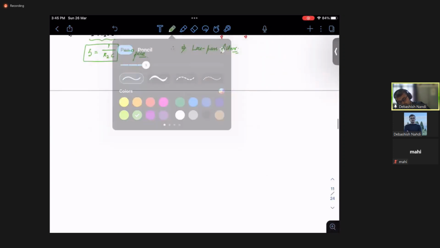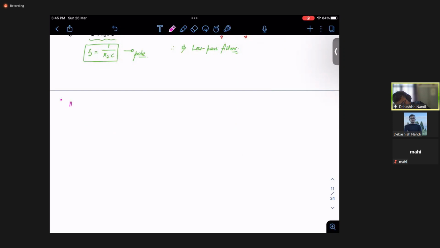Basically, if you have a transfer function like this, s over z1 plus 1, s over z2 plus 1, and so on up to s over zm plus 1, let's say some DC gain is there, and also s over p1 plus 1, s over p2 plus 1, and in such a way up to s over pn plus 1.